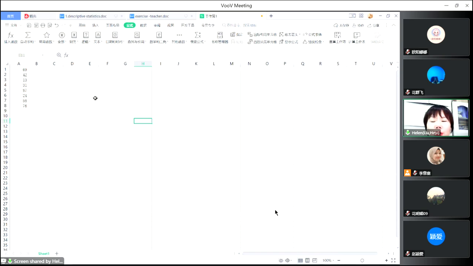When we finish our theory, I also want to tell you the method of how to calculate some data on our computer, using Excel or SPSS. These are the tools for our medical statistics. So today I just tell you a little about median, average, sum.